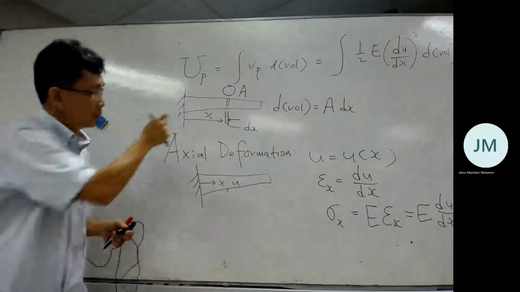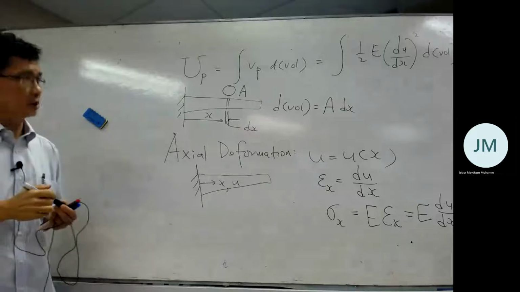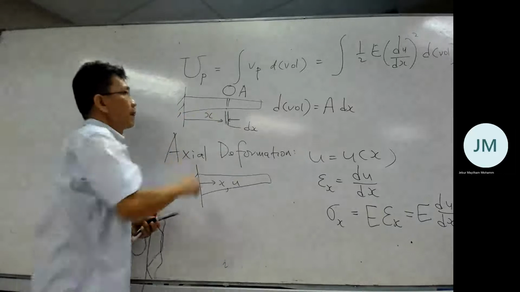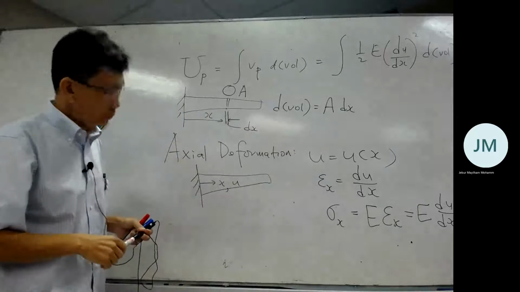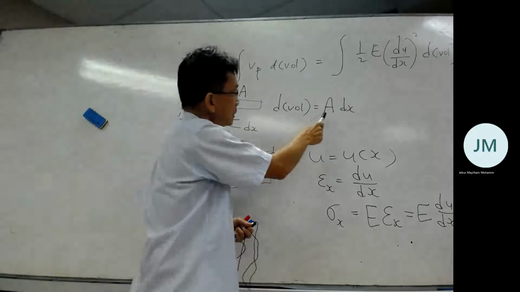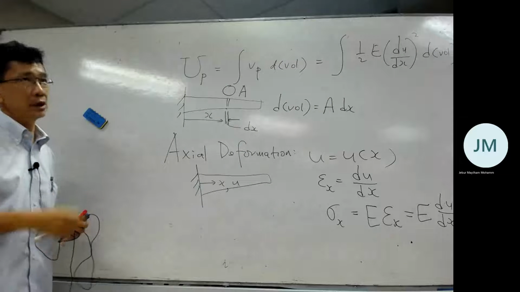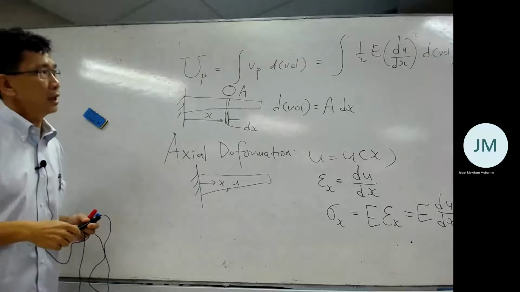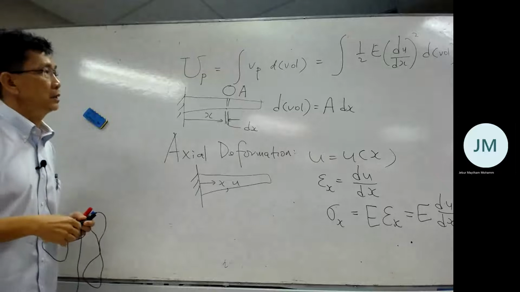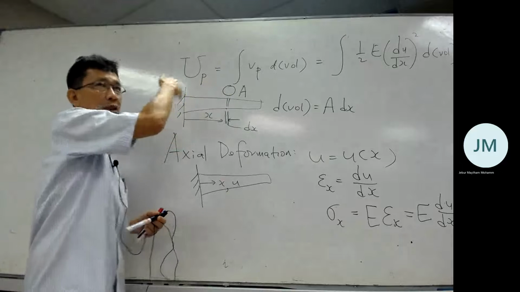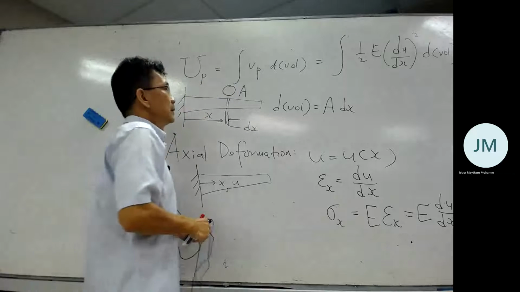So the cross-sectional area multiplied by this small distance gives you a small volume. If we substitute this d volume there and then integrate, A can change along x. So A is a function of x.